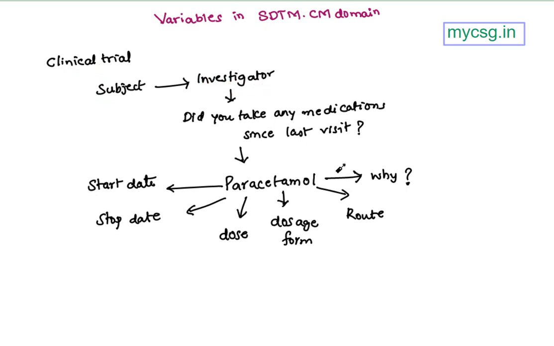On that particular visit, the investigator has asked the subject whether the patient has taken any medication since last visit. So let's assume that the subject has responded that I have taken paracetamol.